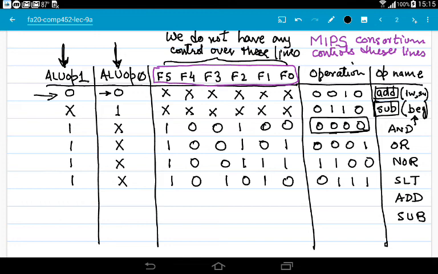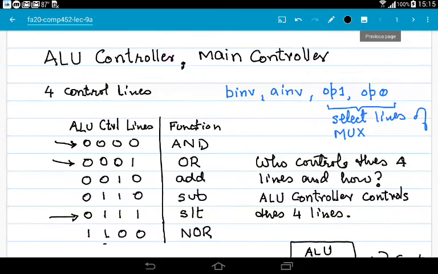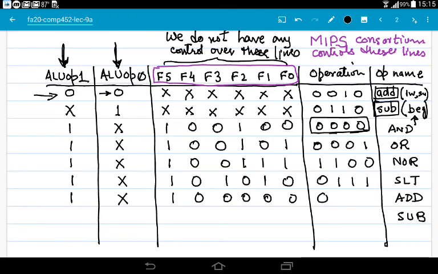Okay, now let's look at the function code for add. The function code for add is hex 20. Now let's go back and look at our table. For add, the ALU control line should be 0010. So we come back here and say 0010.